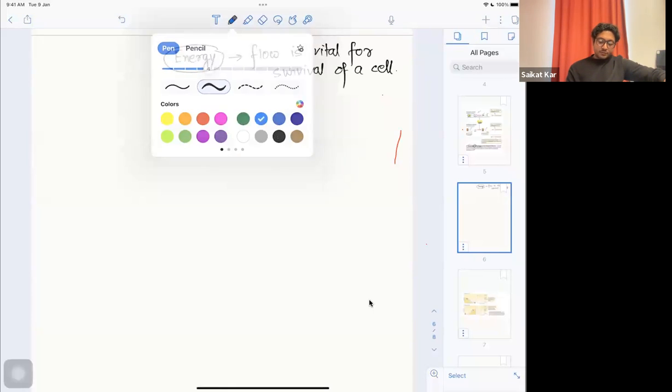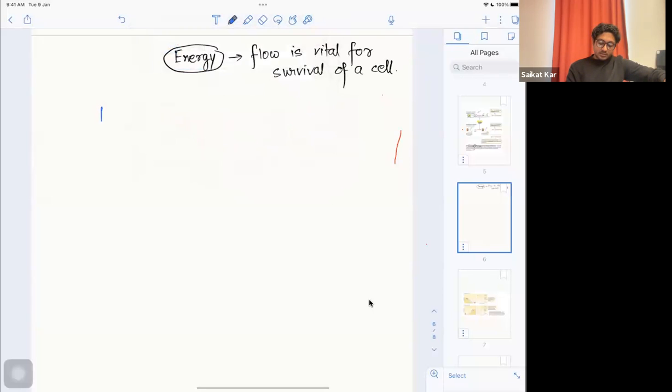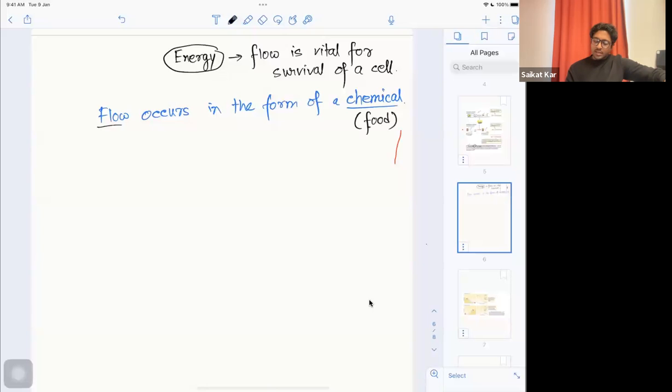Now this energy flow usually occurs in the form of a chemical. So the form is actually chemical energy. And the chemical is known as food. So any chemical from which we can extract energy, that chemical is actually food.